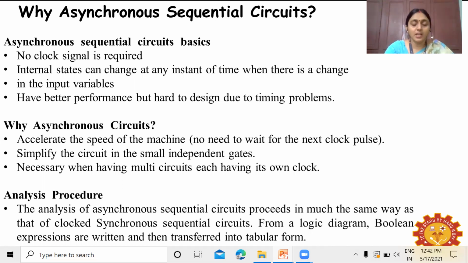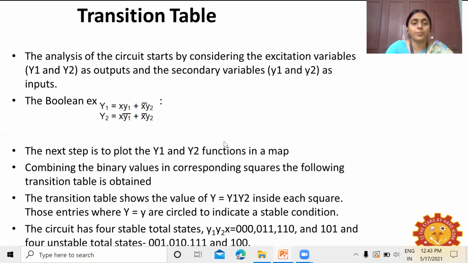Now we will see the analysis procedure involved in asynchronous sequential circuits. The analysis of an asynchronous sequential circuit proceeds in much the same way as that of clocked sequential circuits. From a logic diagram, the Boolean expressions are written and then transferred into tabular form.